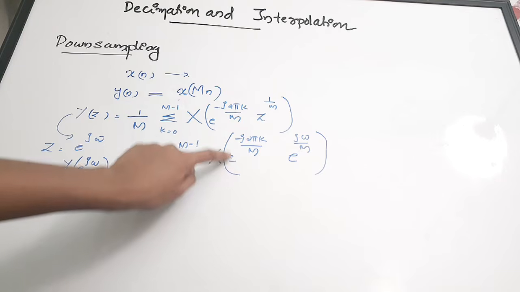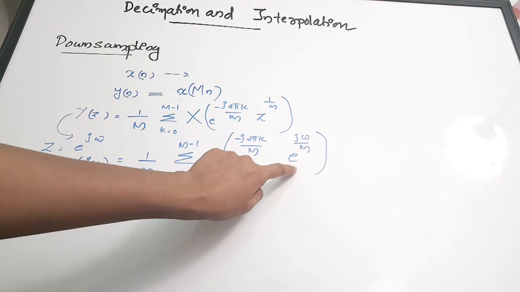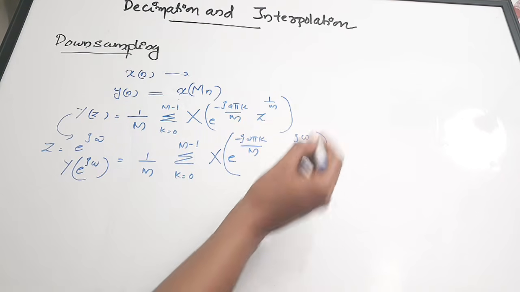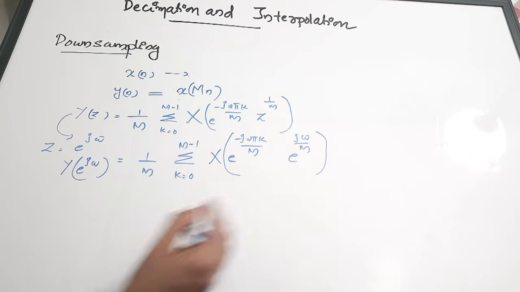So there is already a term here, and in terms of z you have put e raised to j omega, so e raised to j omega by m.